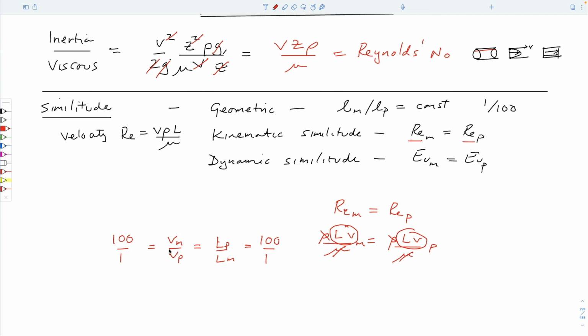So the velocity of the model would be 100 times faster than the velocity of the prototype. That's what you do. And so all you're doing is matching the Reynolds number of the model to be the same as the Reynolds number of the wing when it flies in the air.